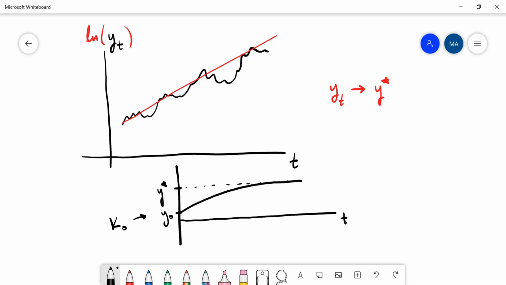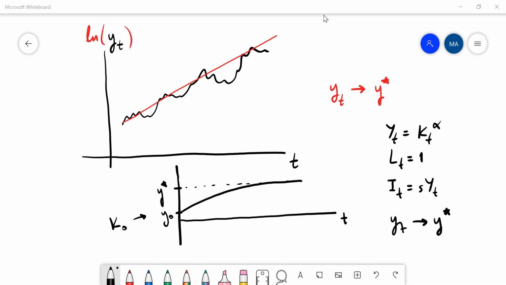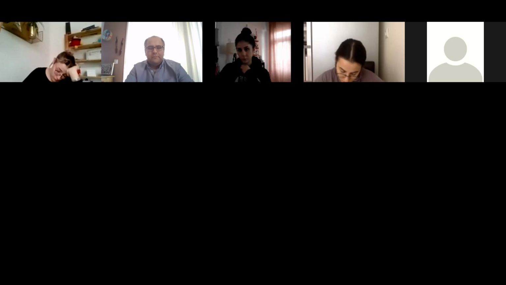Why in this particular economy with this production function, with constant labor and a particular saving rate that is fixed, we get this result? That's the question I'm asking you. Why do you think that there is no growth? That's an important question. Think about it.